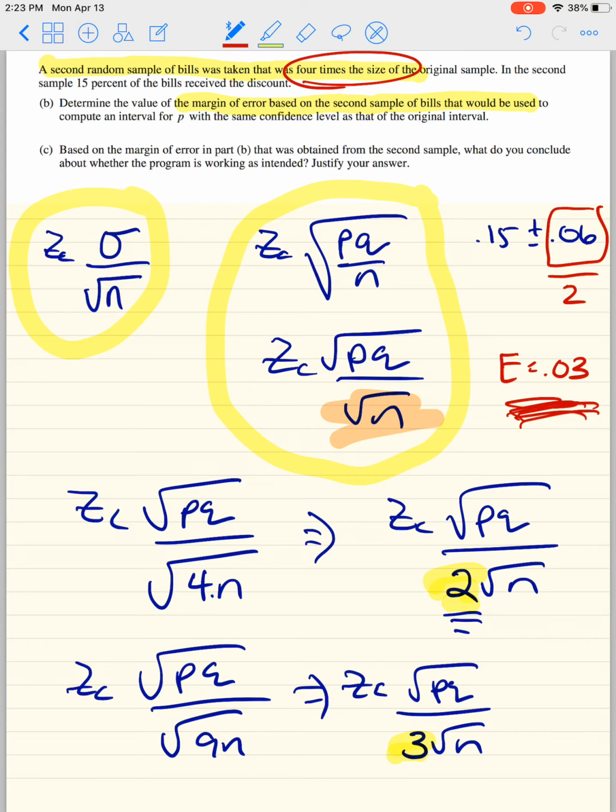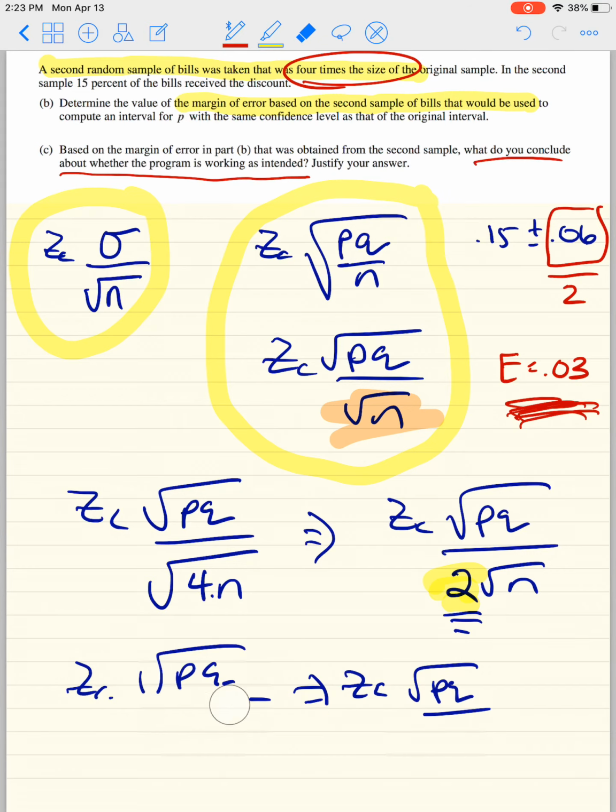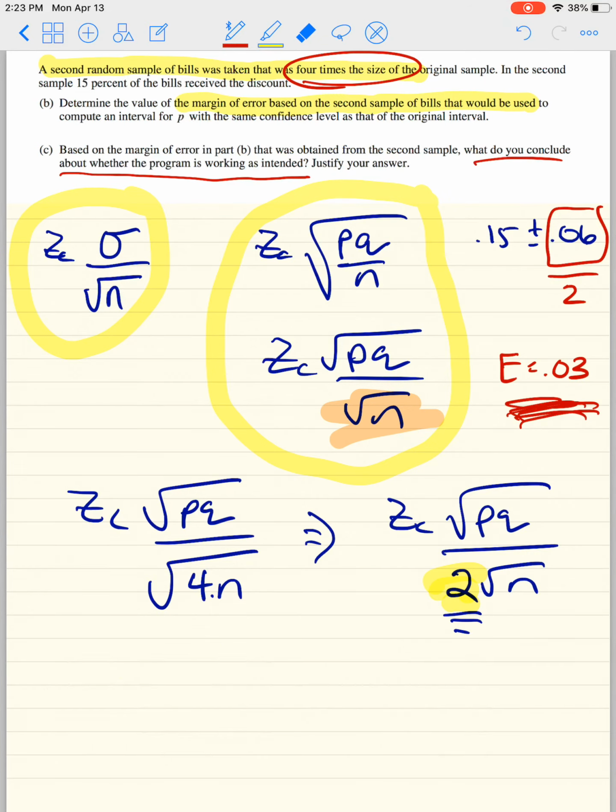Now it says, based on the margin of error in part 3, what do you conclude about whether the program is working as intended? Well, now instead of 0.15 plus or minus 0.06, it's 0.15 plus or minus 0.03. That gives us 0.12 to 0.18. Now, 0.20 is what they wanted.